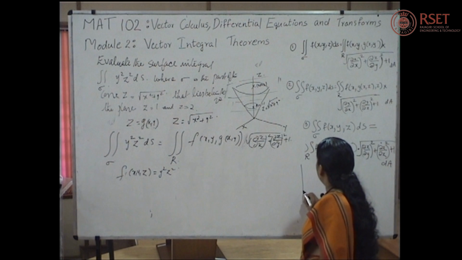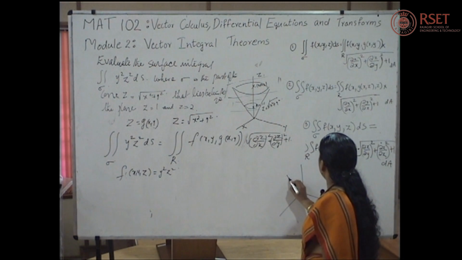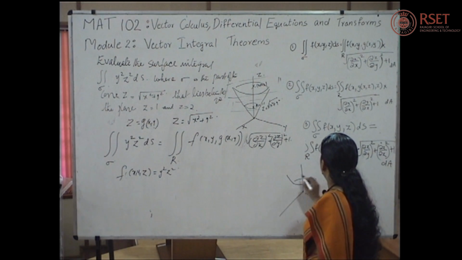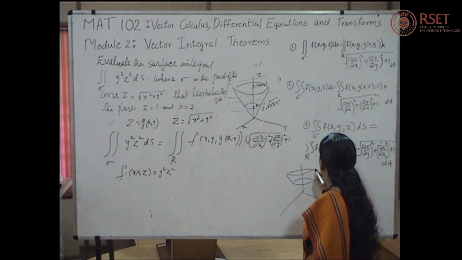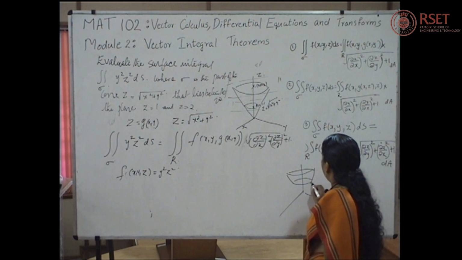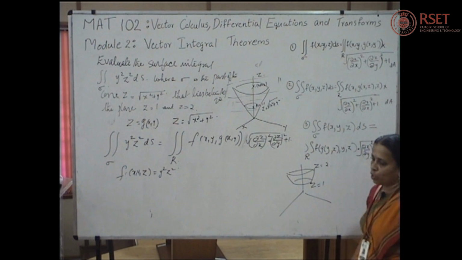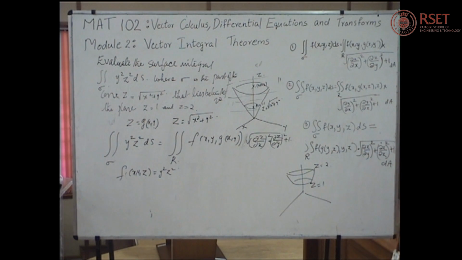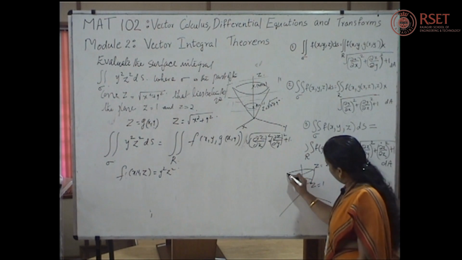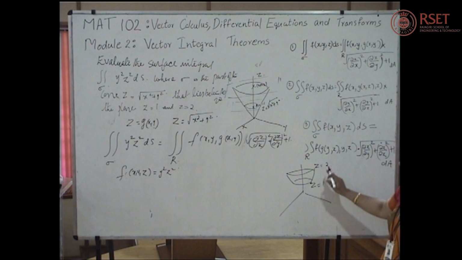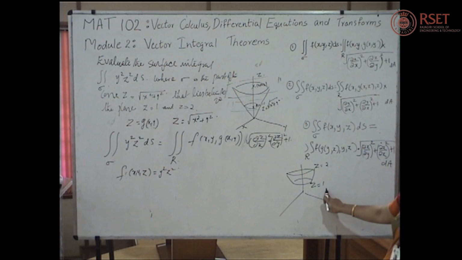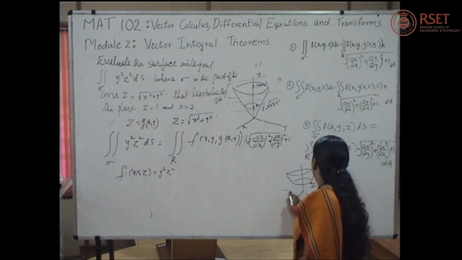The figure will be the part of the cone between z = 1 and z = 2. And we are using formula 1. So we take the projection of the surface between z = 1 and z = 2 onto the xy plane.